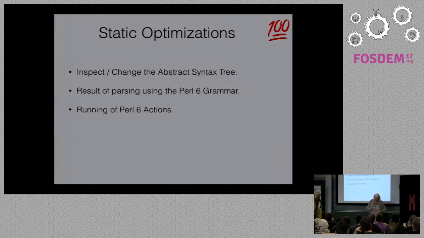Somebody gave a talk about grammars and actions this morning. Anyway, I must not have paid attention too much, sorry. But this is basically the oldest type of optimization that we've done in Rakudo, from way in the beginning, making things faster by looking at the ASTs.